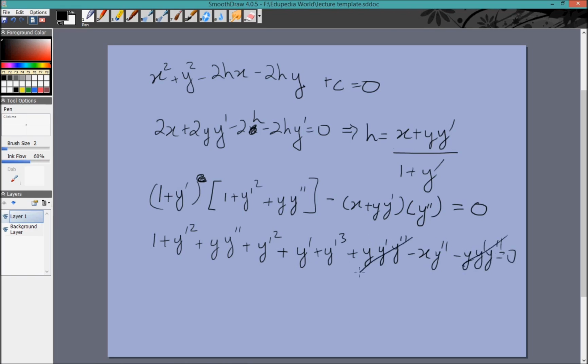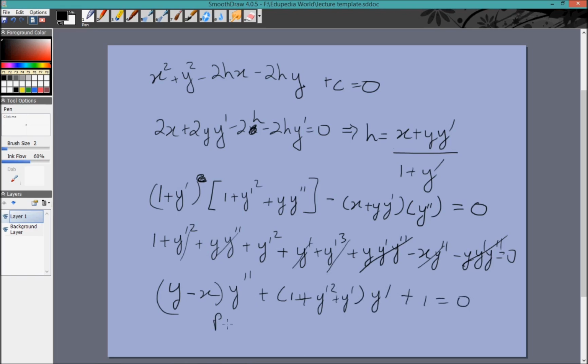This cancels with this. Now we can take things common nicely and we can see that this reduces to y minus x times y double dash, that takes care of these two terms, plus 1 plus y dash square plus y dash times y dash, that takes care of this and this, plus 1 equal to 0.